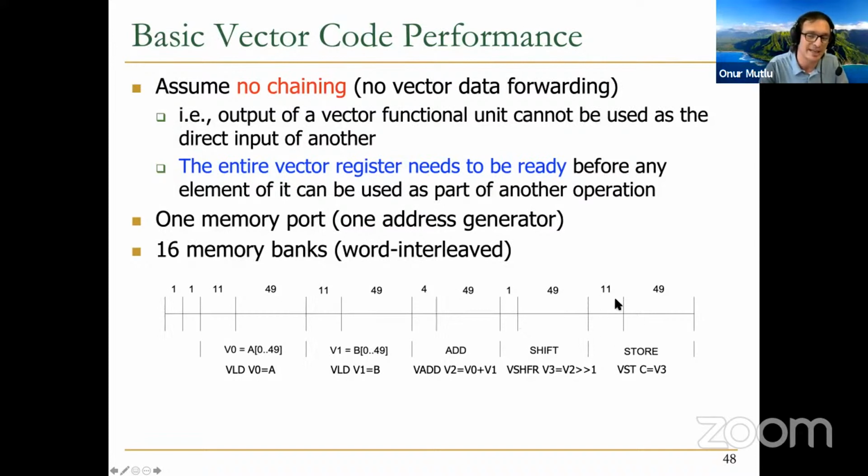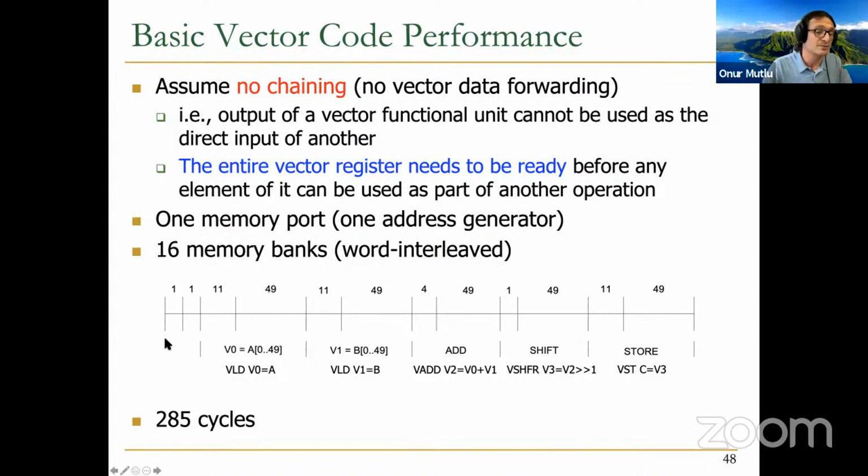And then store can start, 11 cycles to write the first element to memory location, and then 49 cycles for each consecutive remaining element. So even though, for example, we could have parallelized this load, starting it concurrently with this one, and I agree that you could have done it with 16 memory banks over here, this picture is a little bit conservative in that sense. But even with that not done over here, you get 285 cycles, which is quite good, right?